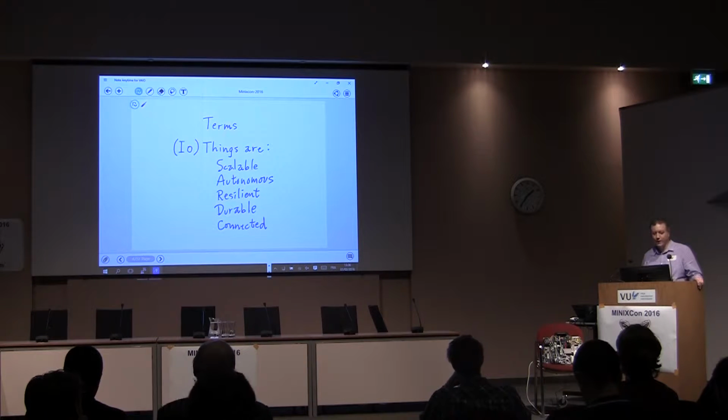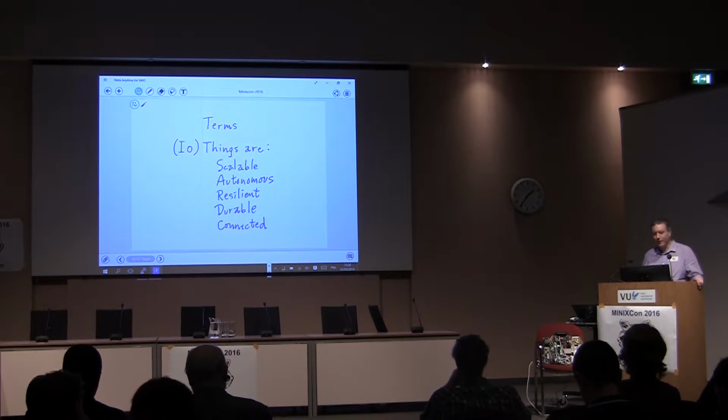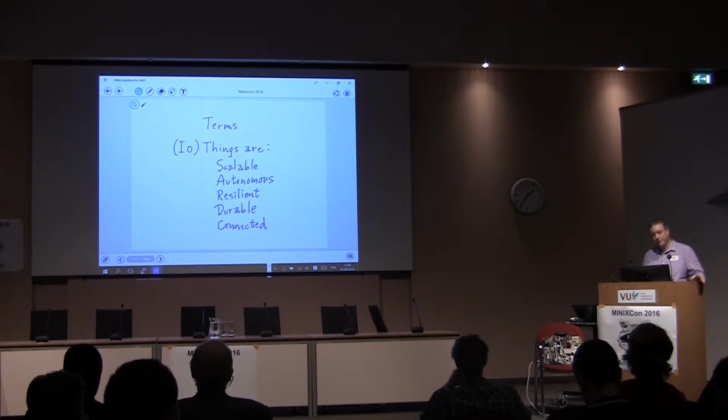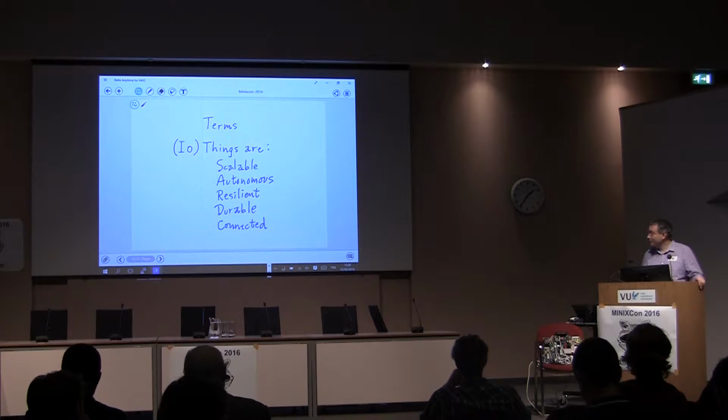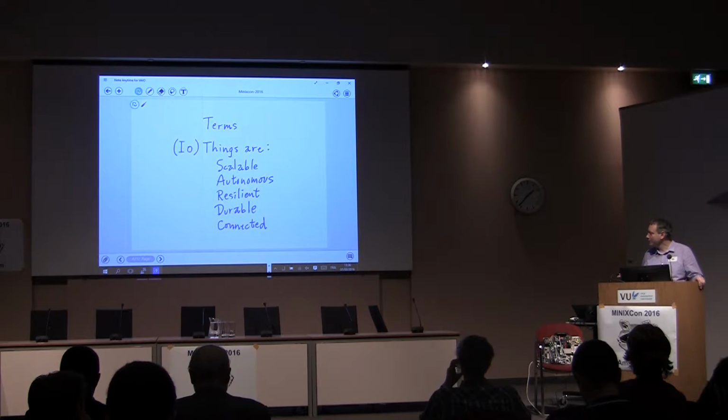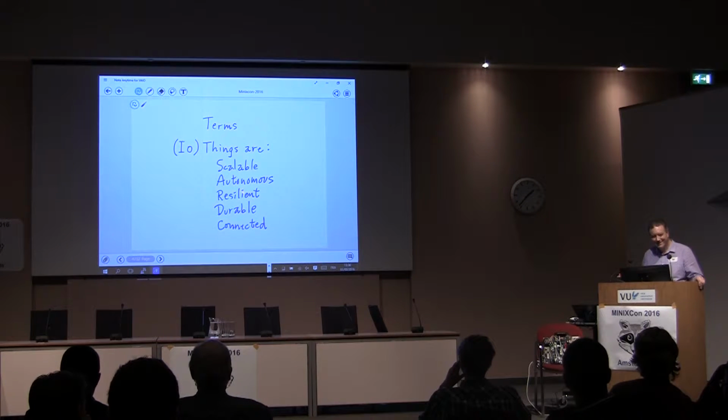right? So we have stacks of protocols and transports that allow a device or a thing to be connected to another. And just incidentally, what makes this important and interesting to us, do you see any of these things that kind of look familiar from a Minix standpoint? Maybe this one right there, do you think?